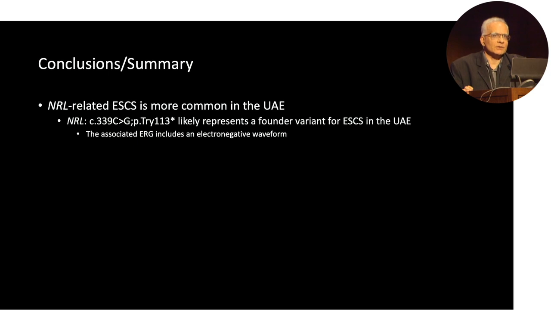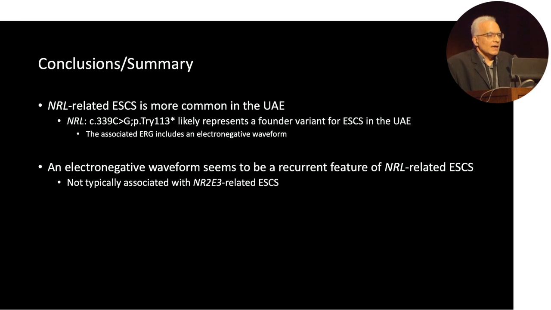Every single patient who had this mutation who we tested had an electronegative ERG. And my second point is that an electronegative ERG seems to be a recurrent feature of NRL-related enhanced S-cone syndrome. Previously, there's been no documented clinical way to distinguish NR2E3-related enhanced S-cone syndrome from NRL-related enhanced S-cone syndrome, but this might be a way to do it.